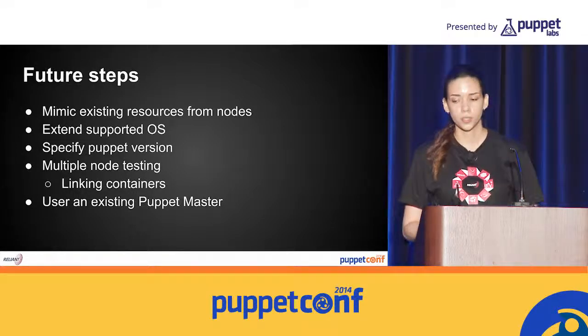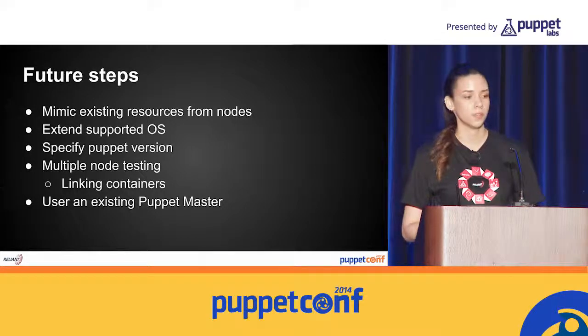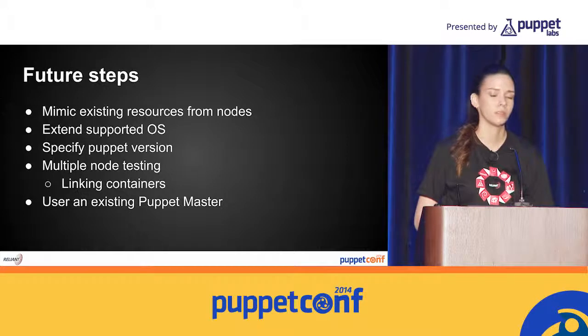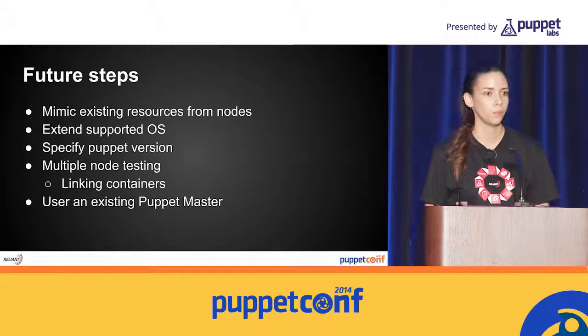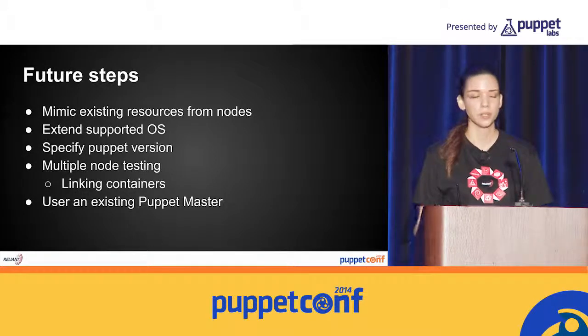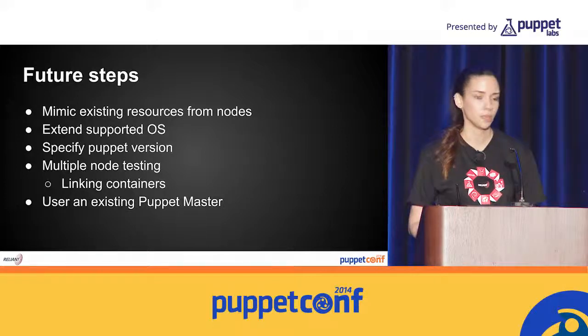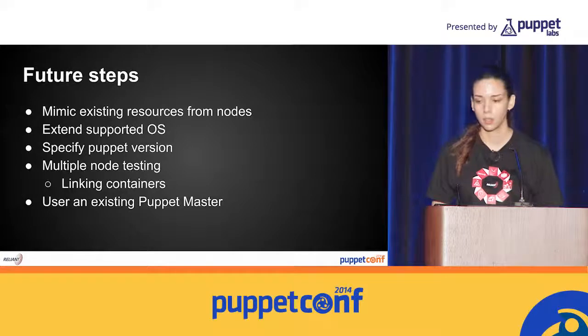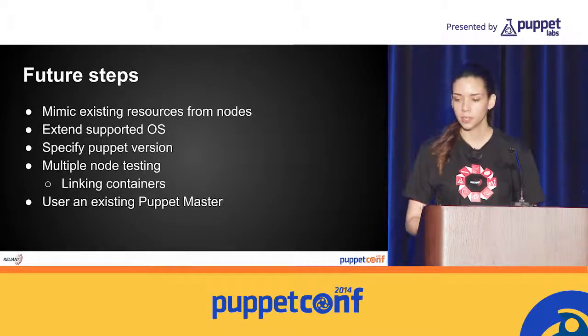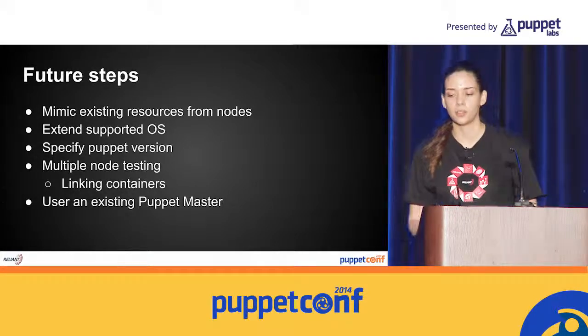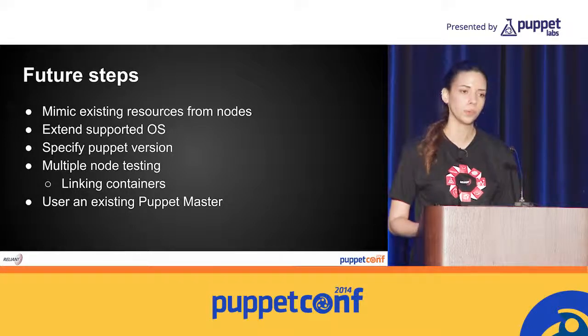One thing that's important to us is the ability to specify the Puppet version. For now, it's just fetching the latest version of Puppet available on the operating system's official repository, which is not always the same one that you are using in your environment. One very curious thing, and most challenging, I think, is going to be multiple node testing.